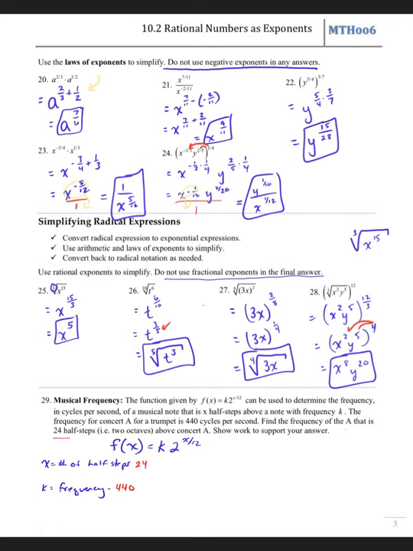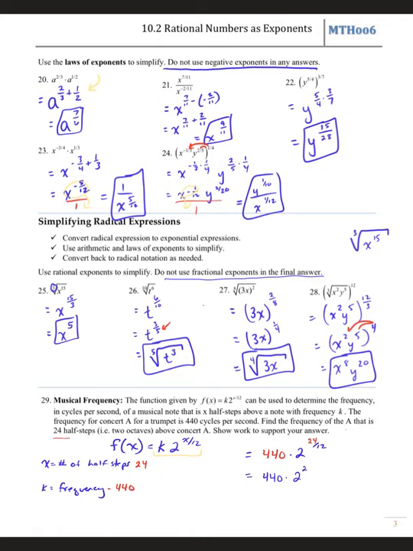So now what we want to do, we want to simplify the expression here on the right. So let's say, okay, we know that our k is going to be 440. And we're multiplying that by 2 to the 24 over 12 power. And then we want to continue to simplify this. We know this 440 times 2, and 24 divided by 12 would be 2.